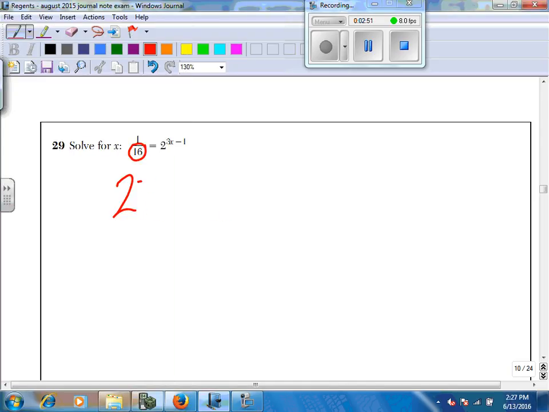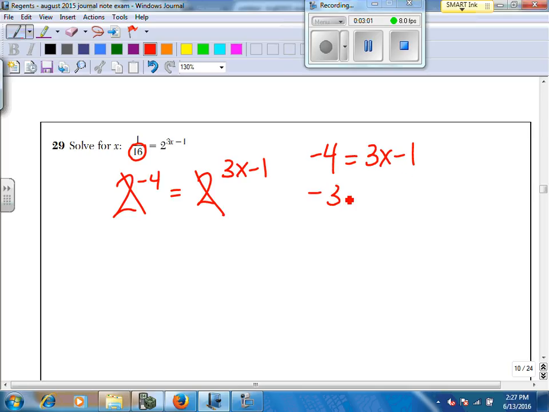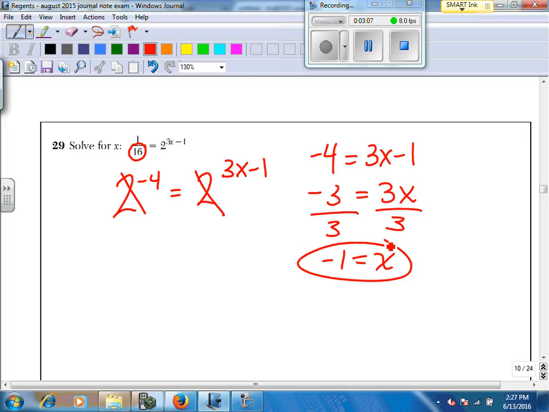So 2 to the negative 4th, and then 2 to the 3x minus 1. Once the bases are the same, we can solve the equation that remains. Add 1, so you get negative 3. Divide by 3, so you would get x equals negative 1. This is not one of the types of equations that you have to check, so you're done.